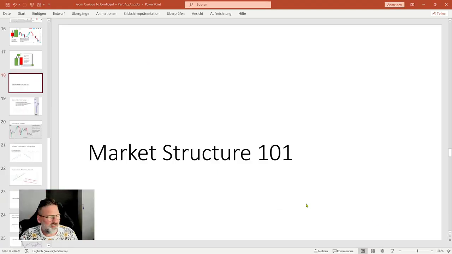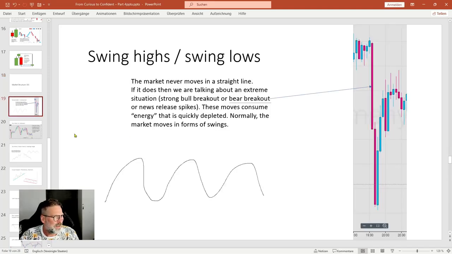All right, market structure 101. The market, whatever that is, when people talk about the market, they actually mean the instrument that they are trading. You can trade everything that your broker permits you to trade.